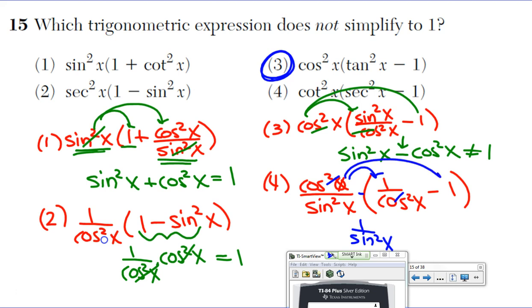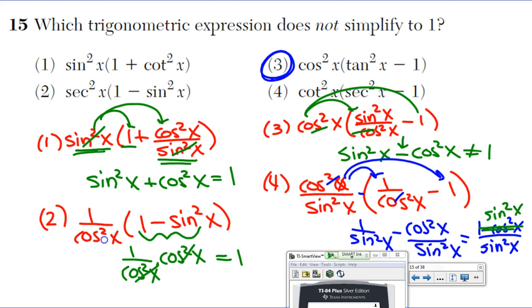You multiply these two together, you're going to have cosine squared over sine squared. They have a common denominator, so you can put them together. Cosine squared actually makes sine squared, and sine squared over sine squared is 1. So a really difficult problem to do all out.